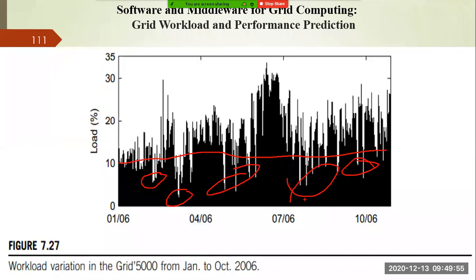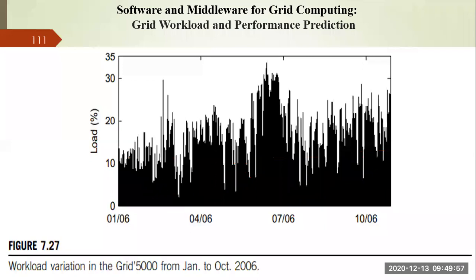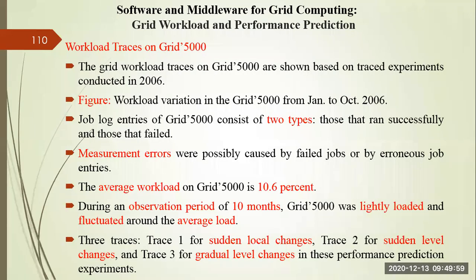They collected 3 different traces. The first trace indicates a sudden local change. Sudden local change means there is an immediate change: you are at 10%, and suddenly there is a spike to 35%. Your computer is utilized 10%, but suddenly it increases to 35%. That is the first one.